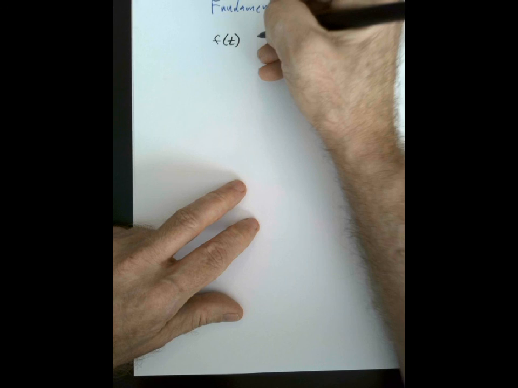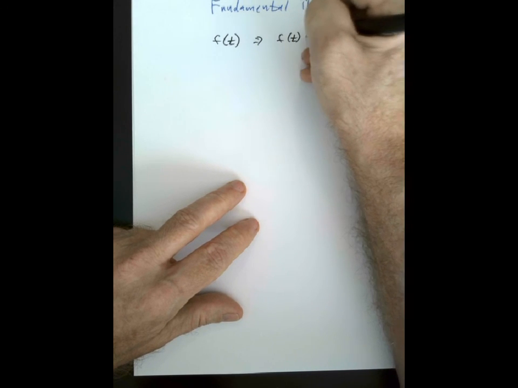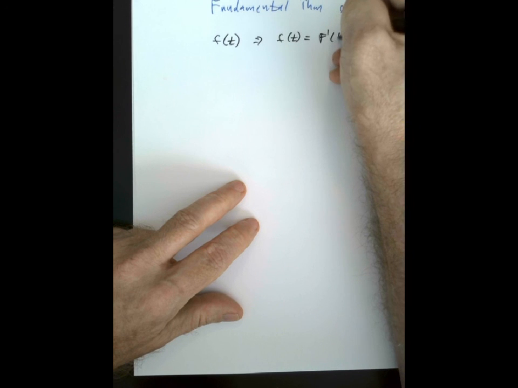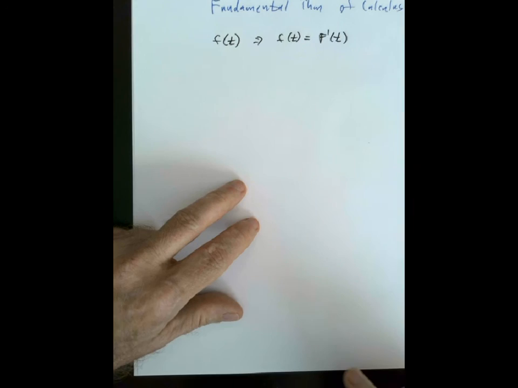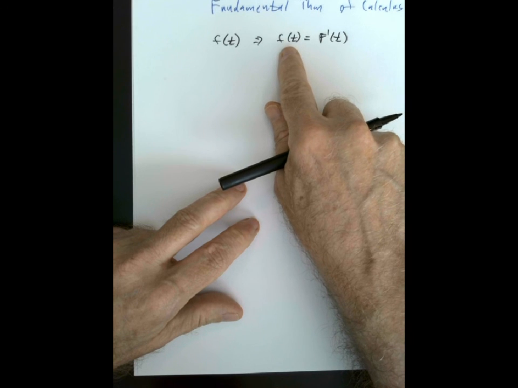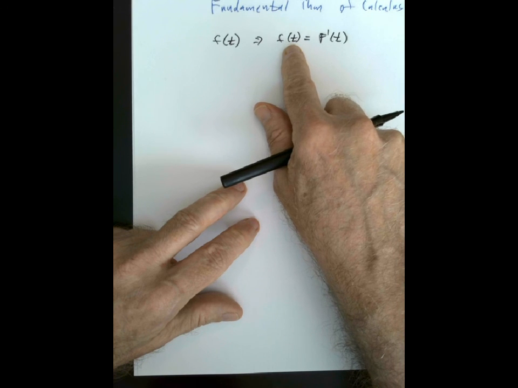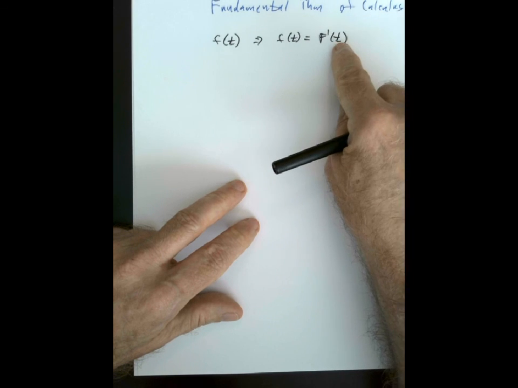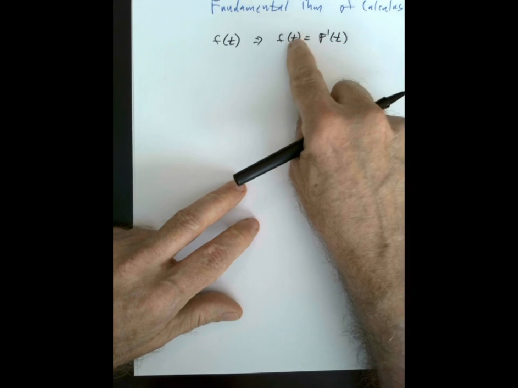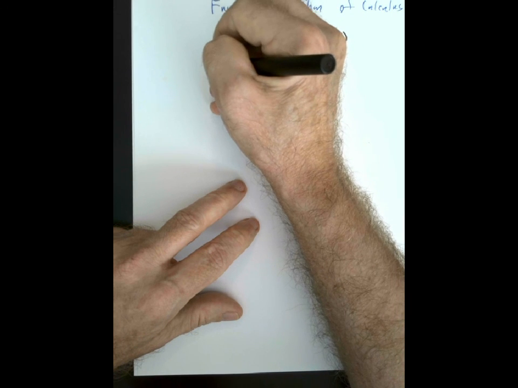And we happen to know that f of t is equal to F prime of t, where capital F is the antiderivative of f. In other words, if we start with capital F and take the derivative, it would give us f. This is the fundamental theorem right here.